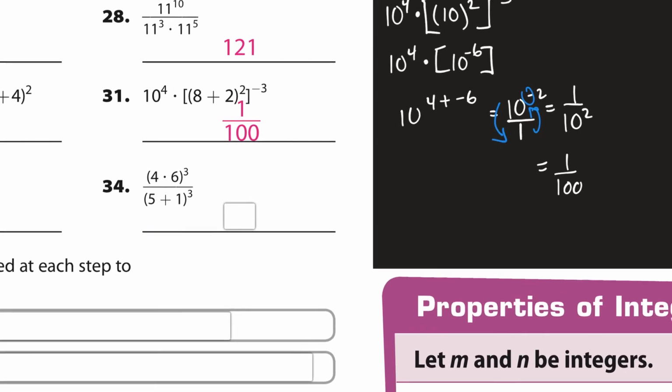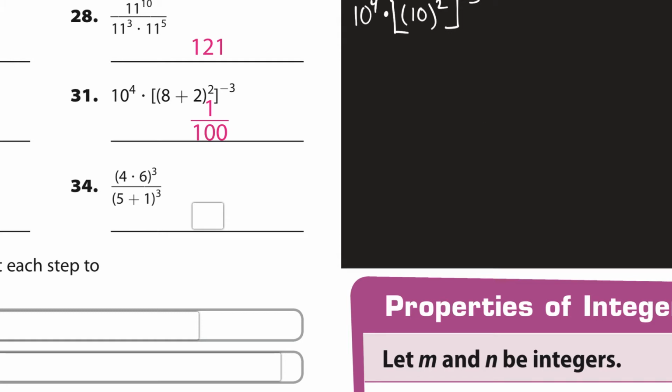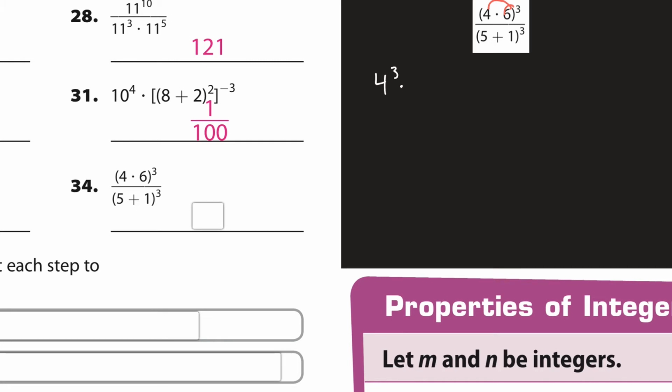Okay, and the last of these type, I would do what's in parentheses first. I think what they want in this one, what's going to make things easier, is if that 3 gets distributed to both of those. So that would be 4 to the third times 6 to the third.